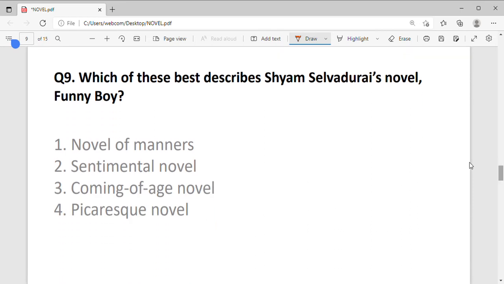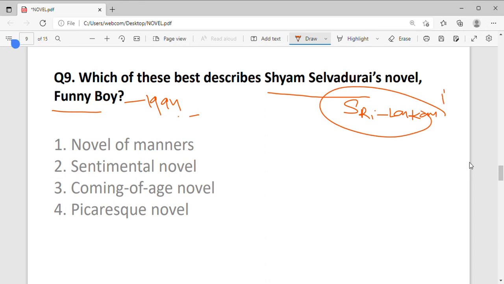Which of these best describes Shyam Selvadurai's novel Funny Boy? A 1994 novel by the Sri Lankan writer Shyam Selvadurai. Now your world literature is coming under the circle. Works are being asked from everywhere.